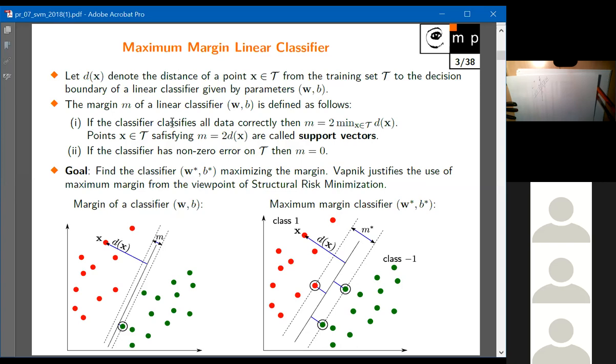Let's assume that the classifier classifies all data correctly, and then the margin is 2 times the minimum distance to the nearest point.